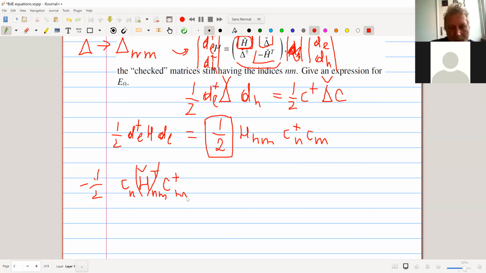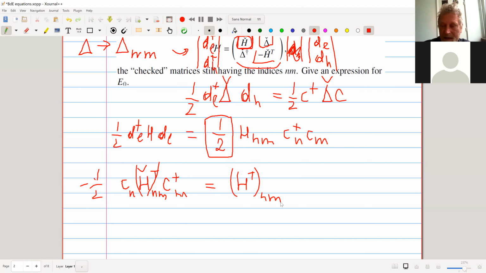So now these operators are in the wrong order. C conjugated is on the right. I want to change the order. I use the anti-commutation rules.